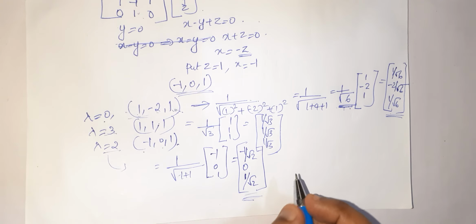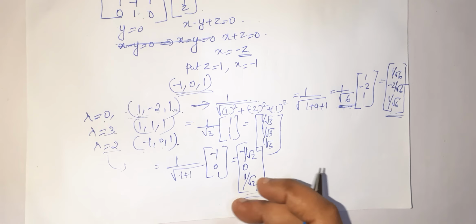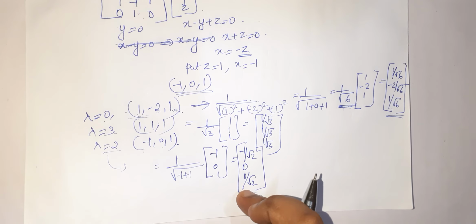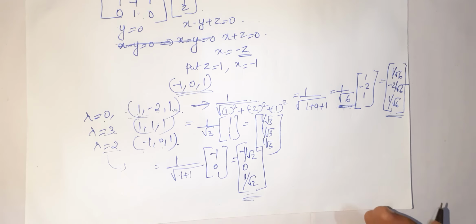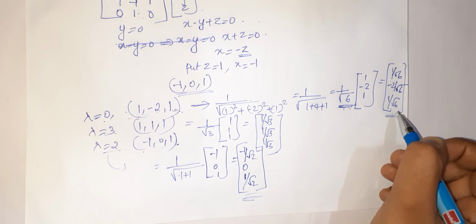And the next step is we can combine these unit eigenvector matrices to form our vector matrix U.